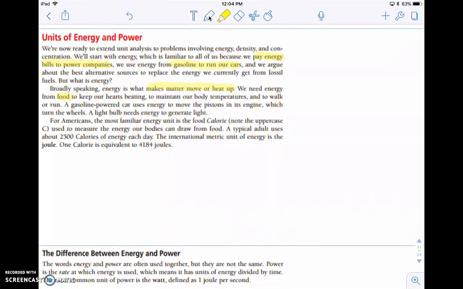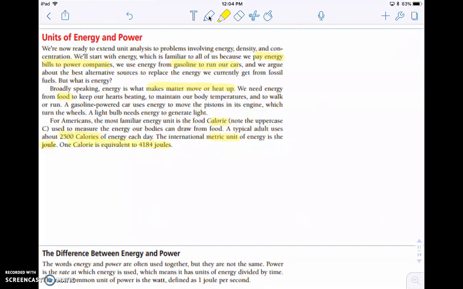And for most Americans, the most familiar energy unit in food is the calorie. In this textbook, it says a typical adult uses about 2,500 calories of energy each day. But the international metric unit of energy is what's called the joule.